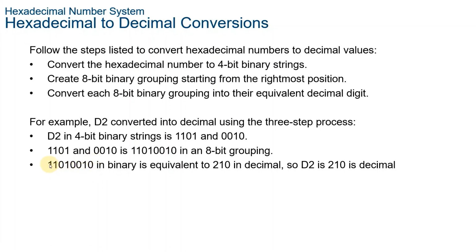Again, by placing here 128, 64, 32, 16, 8, 4, 2, 1, adding 128 plus 64 plus 16 plus 2 would yield 210. Therefore, D2 is equivalent to 210 in decimal.